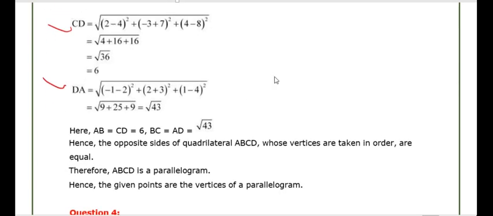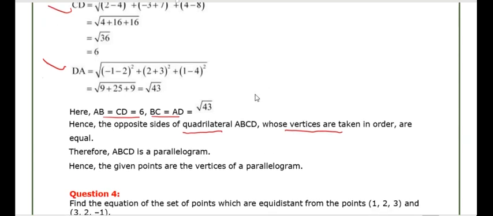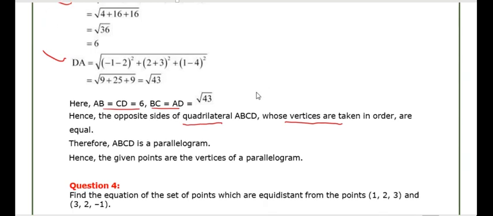Alright, you can see why it is a quadrilateral. AB equal to CD and BC equal to AD. If the lengths of two parallel sides are equal, then they are a parallelogram. So quadrilateral ABCD, so ABCD is a parallelogram.